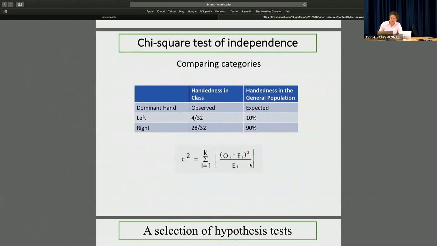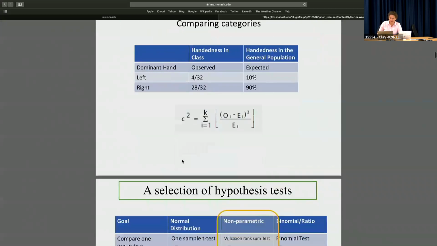And I place that into this chi-square, sometimes you see it written as c-square, index, and of course the chi-square has its own distribution, and I can work out whether my chi-square, the one I calculated from my data, is different enough from the null hypothesis chi-square.